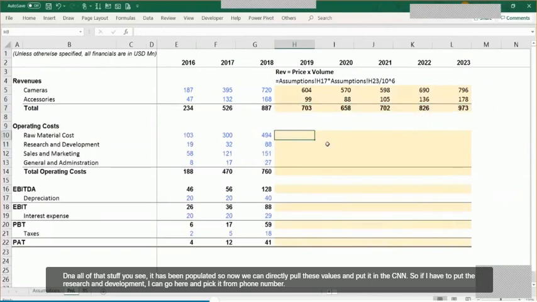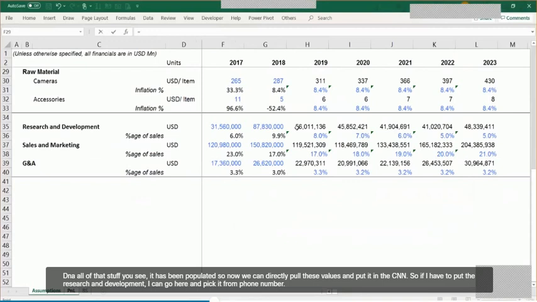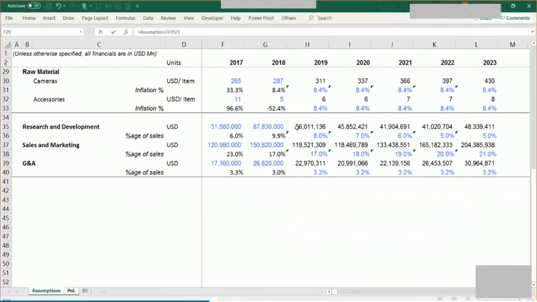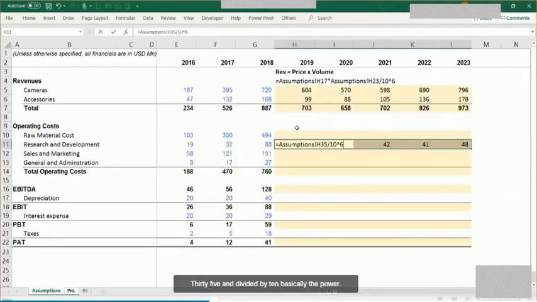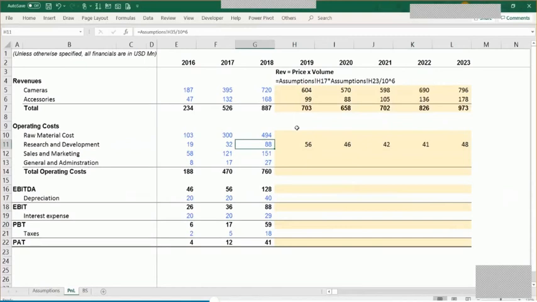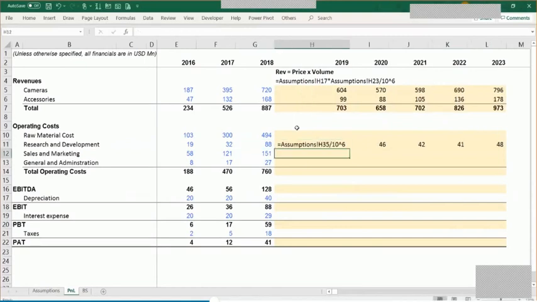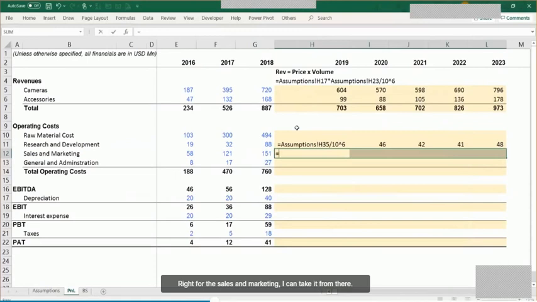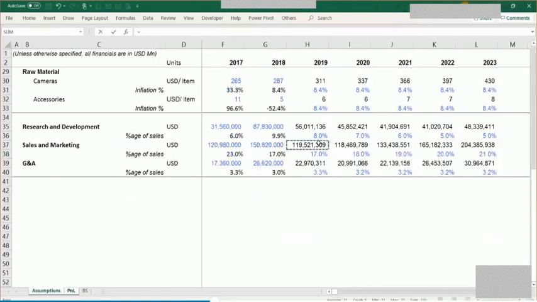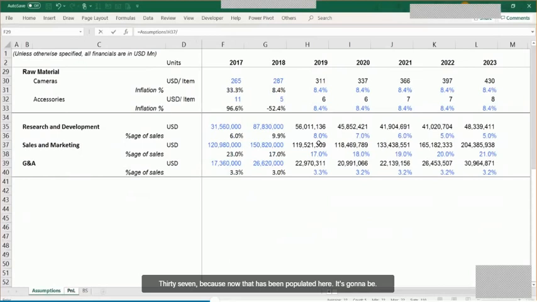So if I have to put the research and development, I can straight away go here and pick it from row number 35 and divide it by 10 raised to the power 6. For the sales and marketing, I could pick it from row number 37 because now that has been populated here.